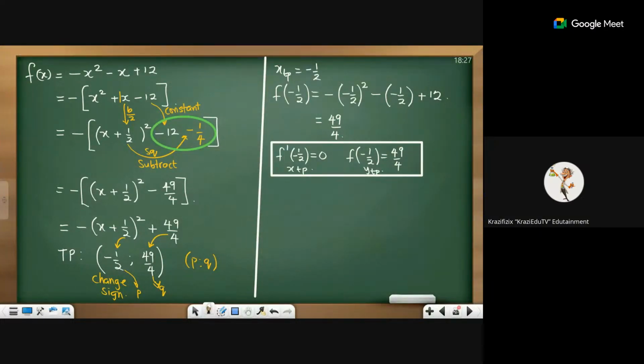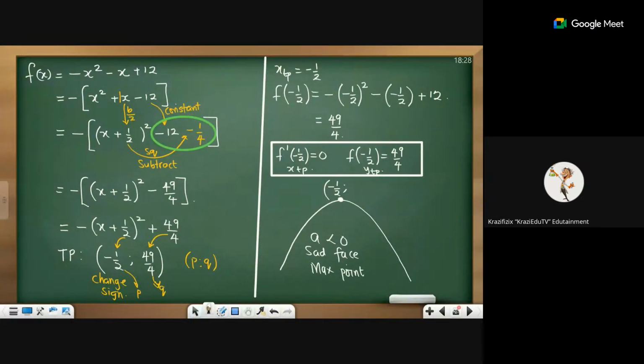Why do I need this? Number one, A is less than 0, which means it's a sad face, and that will give me what you know as the maximum point. Now, what is the coordinate here?